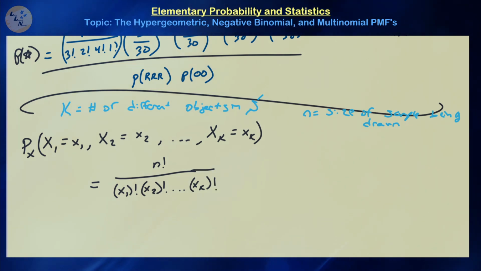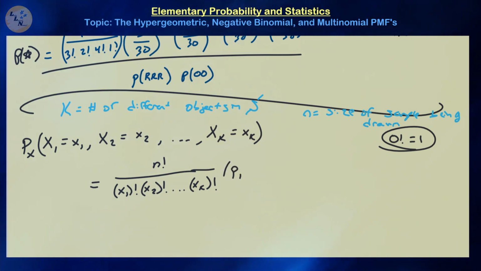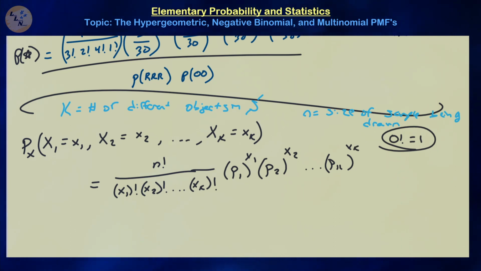Keep in mind 0 factorial is equal to 1. Then we have the probability of 1 to the power of x1, the probability of 2 to the power of x2, all the way up to the probability of k to the power of xk, where each of these is associated to your original population that you are selecting from.